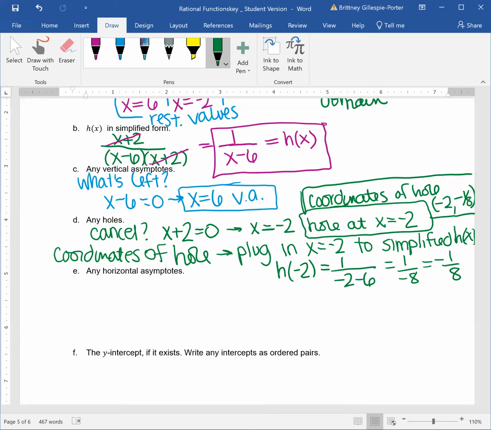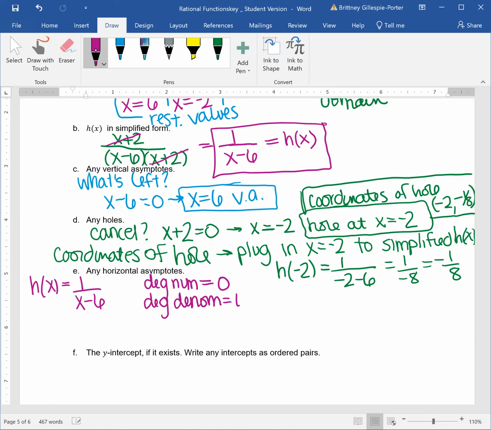Okay. For our horizontal asymptote, remember we're looking at our simplified version. Once you simplify, don't go back. Here, the degree of our numerator is 0 because there are no variables in the numerator. The degree of the denominator is 1.